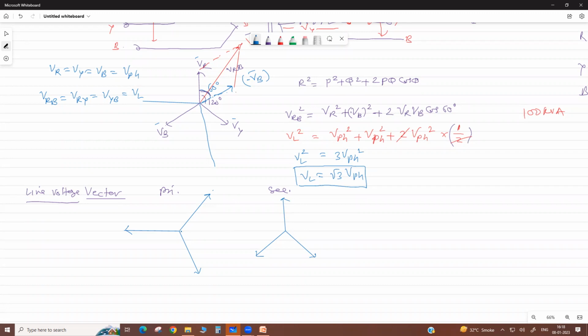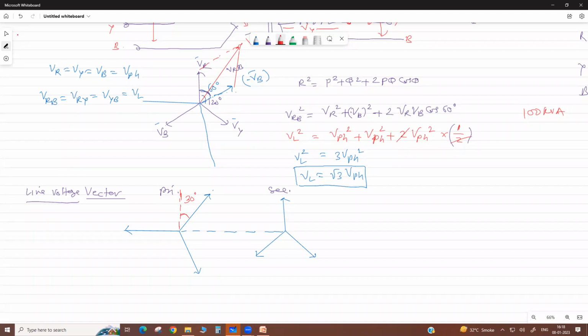With respect to this vector, if we compare a particular phase line voltage like this, see here, there is a 30-degree shift, it is lag. If we change the configuration, sometimes it is a 30-degree lead.